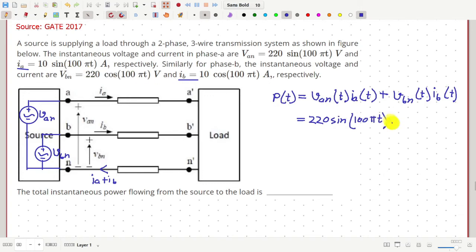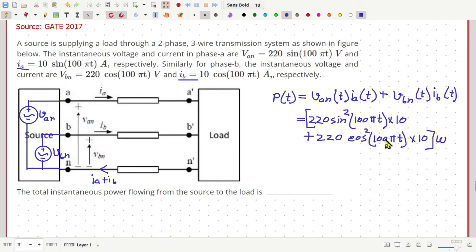So we have to multiply this by 10, and there is one more sine 100 pi t, so let me make it sine square. Then plus VBN is given here 220 cosine 100 pi t, and IB is given here 10 cosine 100 pi t. So multiplied by 10, one more cosine will make it cosine square, and this is in watt.